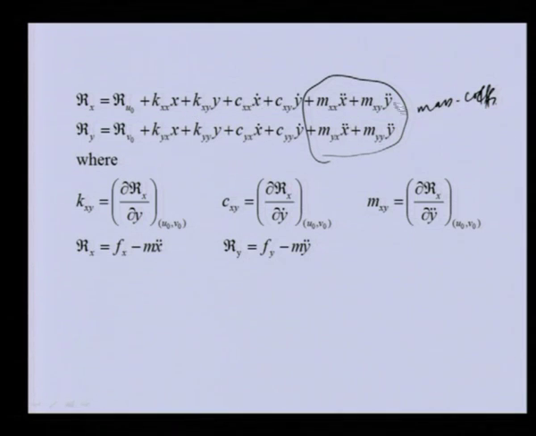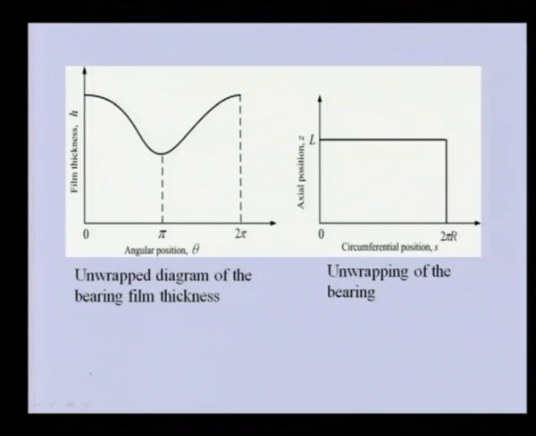Reynolds equation does not take care of this particular property of the fluid. So, in this particular case, you can see how the stiffness, damping and mass coefficients have been defined. Basically, change in the fluid pressure for a given displacement, velocity or acceleration disturbance, this property has been defined.